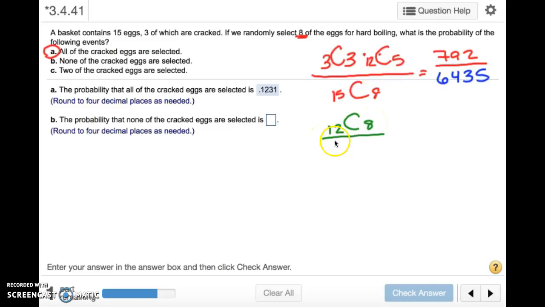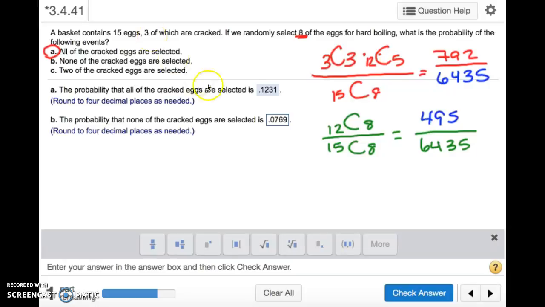And on the bottom, I'm still going to have 15 that I'm going to be selecting 8 from. So my bottom number is still going to be this 6,435, but I now need to figure out what my new top number is. So this top number becomes 495. Once again, I'm going to divide it by the same bottom number, and I get the decimal 0.0769.